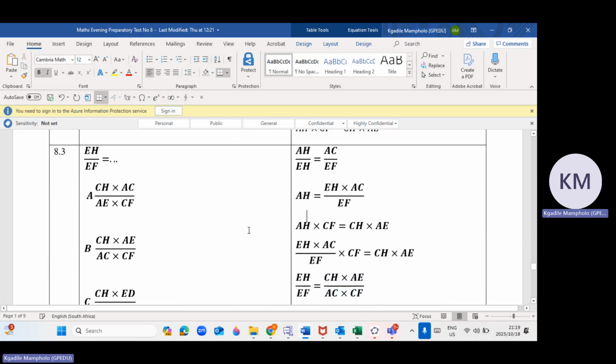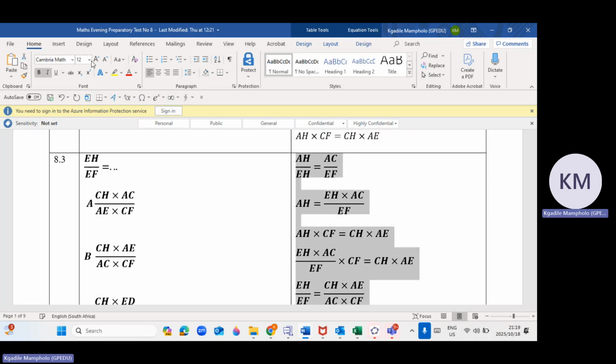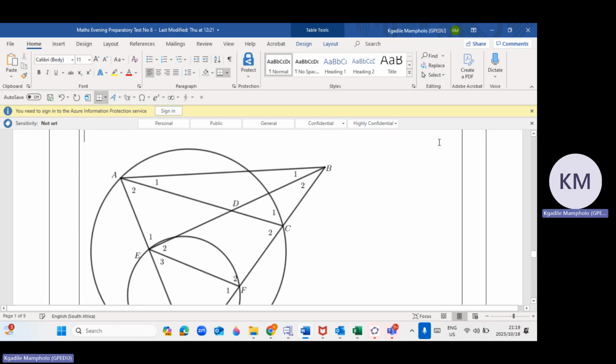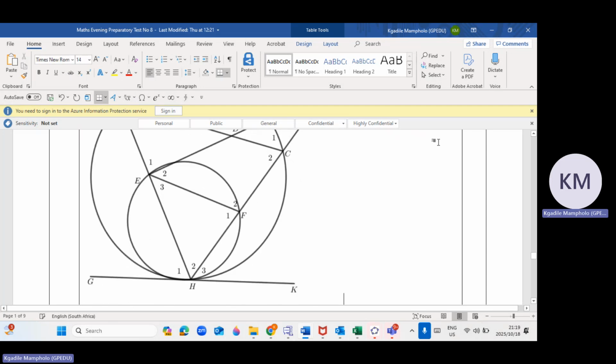Let's write them in the order that I'm talking. I'll just highlight here. Let's just quickly go back and show you how this is done. Remember, when you show similarity, you must put them in the order in which they're equal.